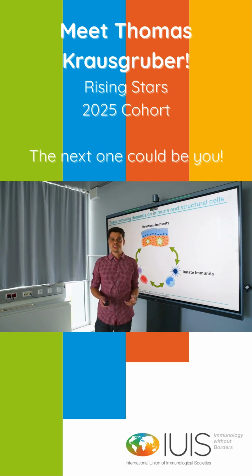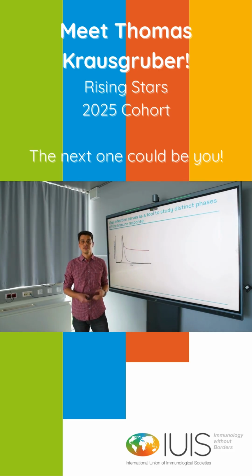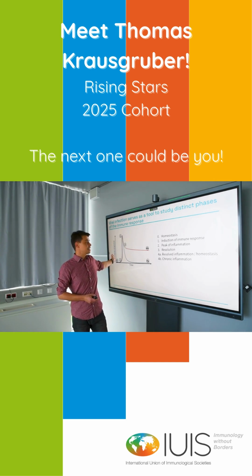When an immune response emerges, it does not just suddenly appear, but usually it comes in different phases. Two examples of these phases are depicted here, and in those examples we can very nicely see the four phases of an immune response. It often starts at homeostasis, followed by the induction of an immune response.